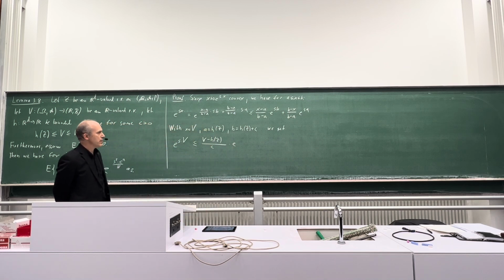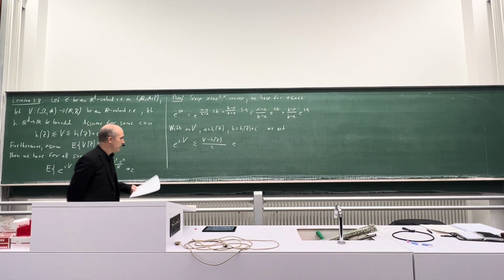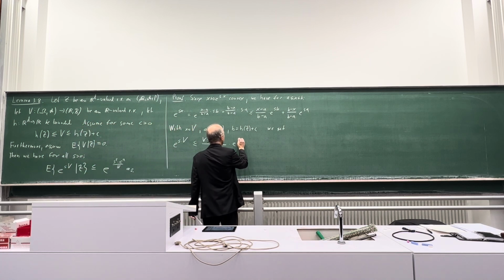so it's s times h of z plus c, and I multiply already out, s minus c plus s minus h of z.